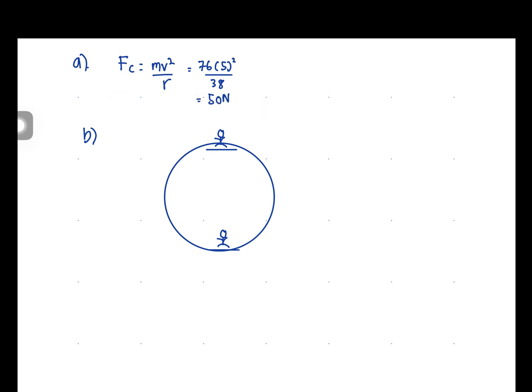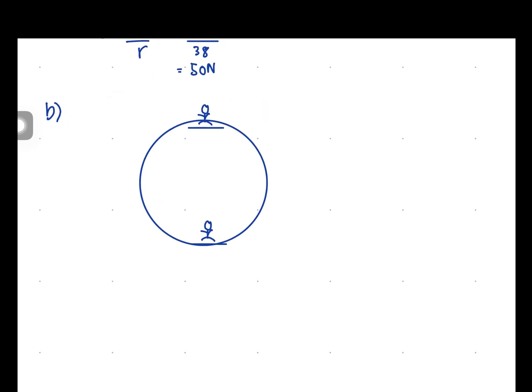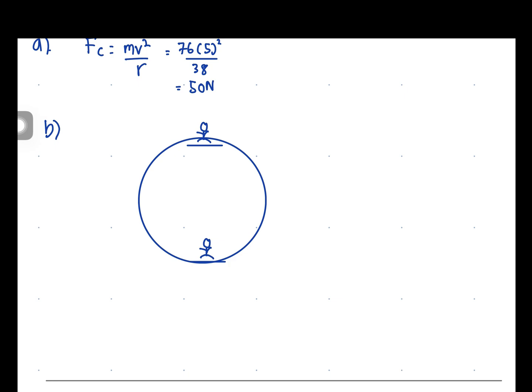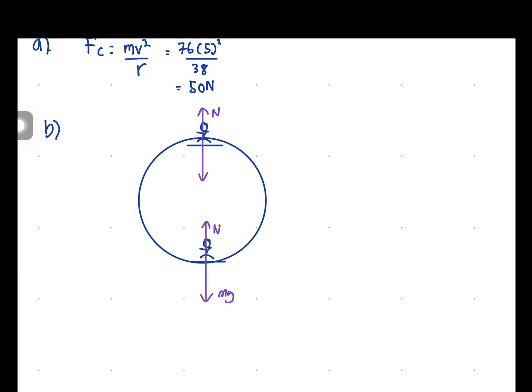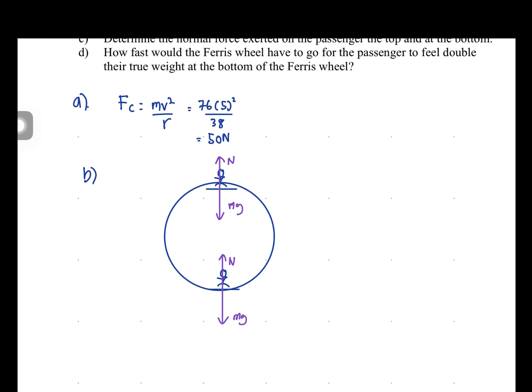I'm going to draw the free body diagram acting on the person at the bottom. At the bottom there is the normal force and the weight, which I'm going to put as mg. At the top, similar things: normal is at the top, weight is downwards. So these are the two free body diagrams, top and bottom.